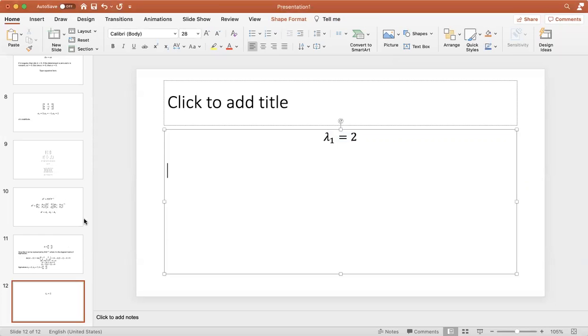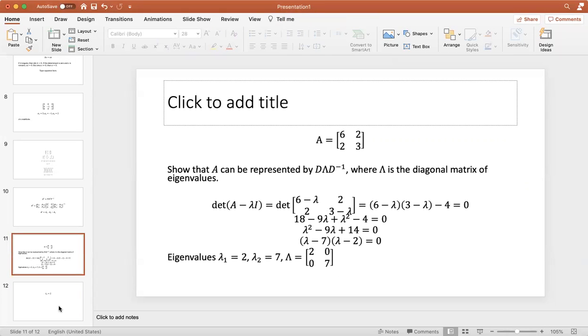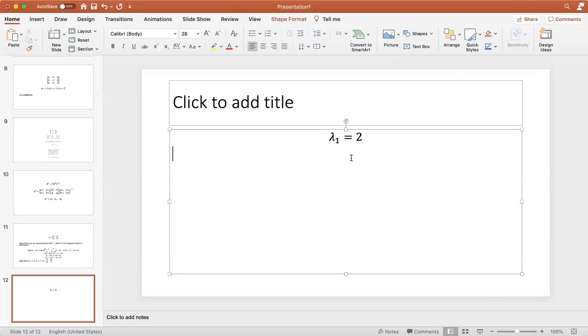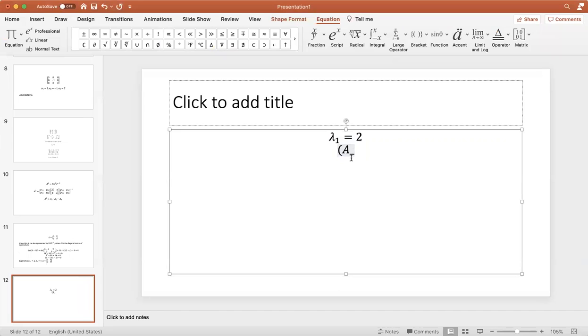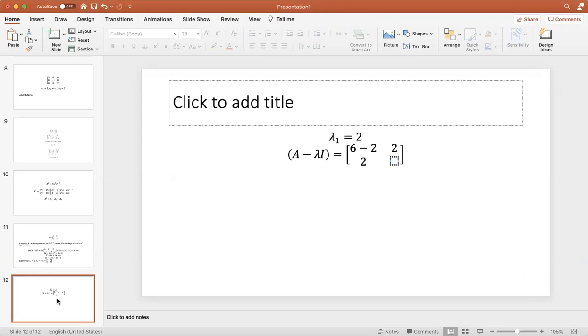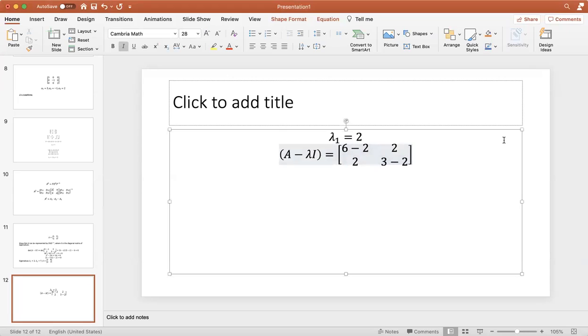If I substitute 2 here, I'll get A minus lambda I. This becomes 6 minus 2, 2, 2, and 3 minus 2. And this becomes 4, 2, 2, 1.